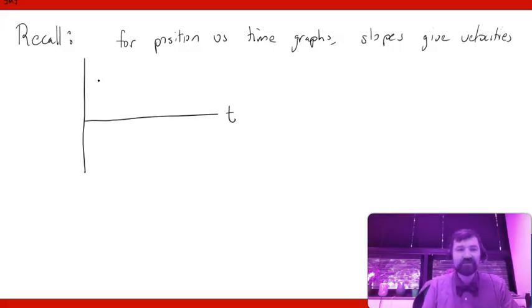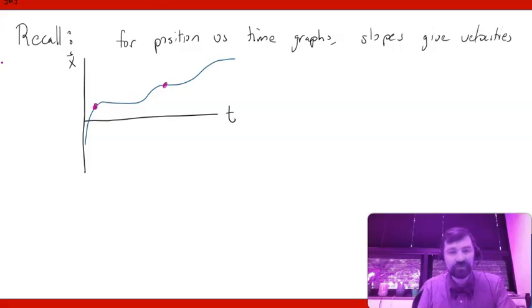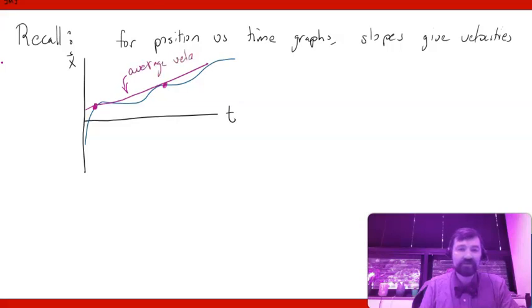So if this is the time axis and this is the position axis, and I have a graph that does one of these, then if I want an average velocity between two points, I pick a line that goes straight through the two points, and the slope of that line would be the average velocity for the two times chosen.